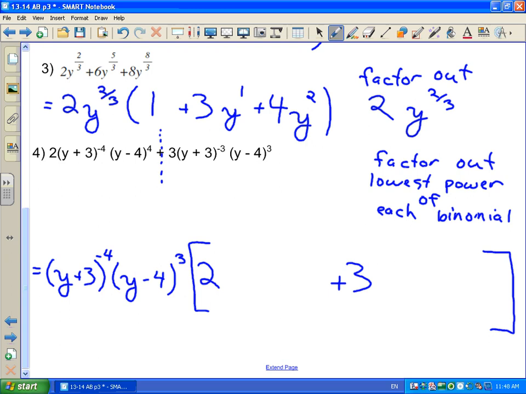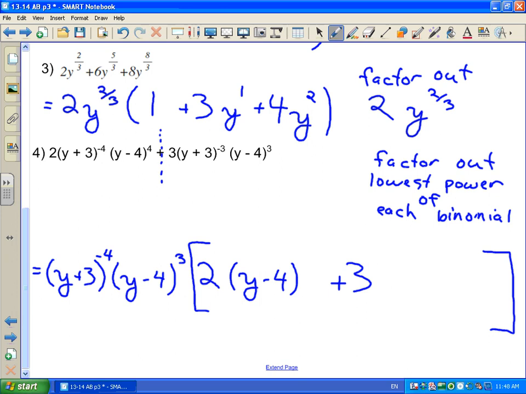So then, let's see. I factor out y plus 3 to the -4. Okay, so that takes care of all of those in this term. So I'm just going to be left with y minus 4 term. So y minus 4, let's see, 4 minus 3. So y minus 4 to the power of 1, just y minus 4. Then in my second term, let's see, y plus 3 to the -4, y plus 3 to the -3.